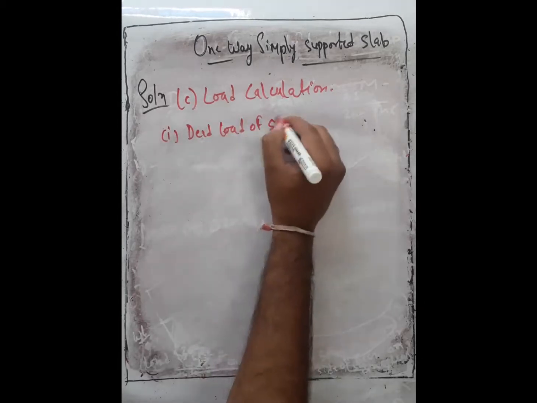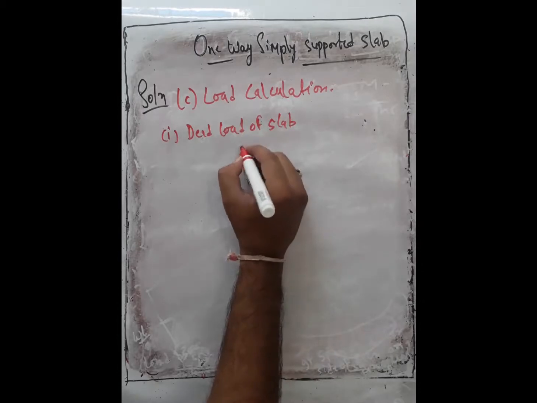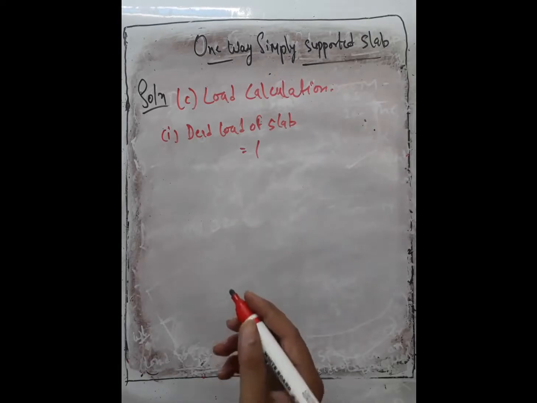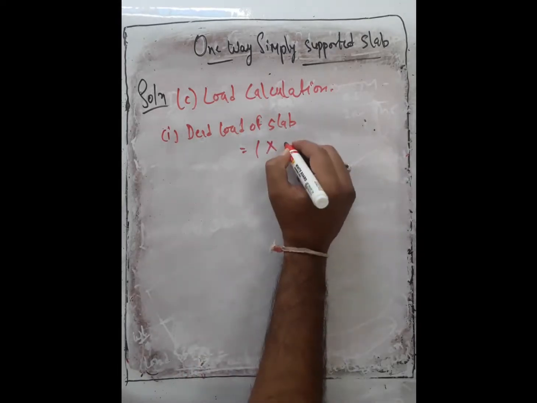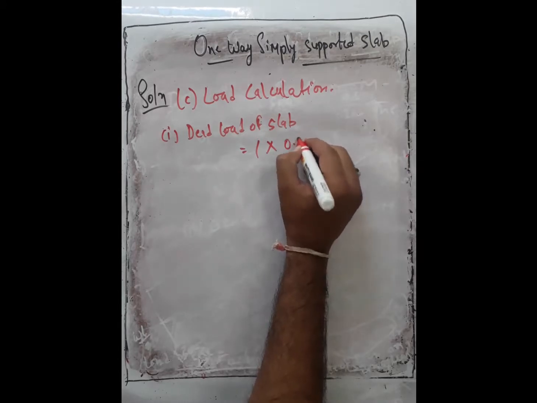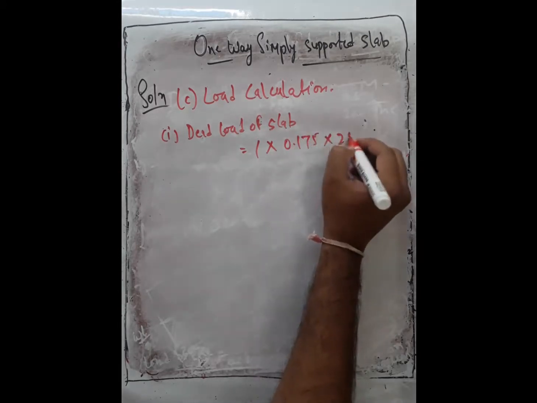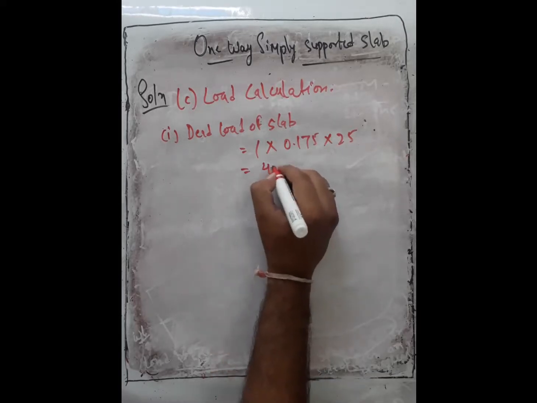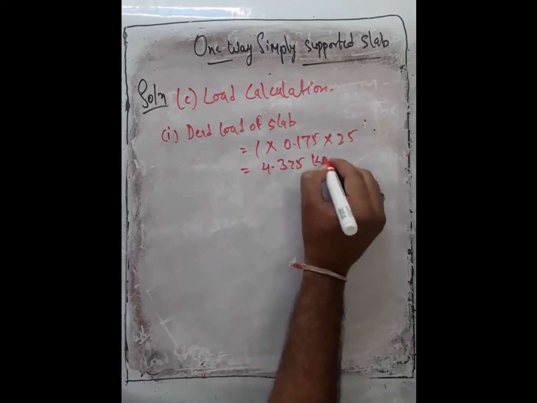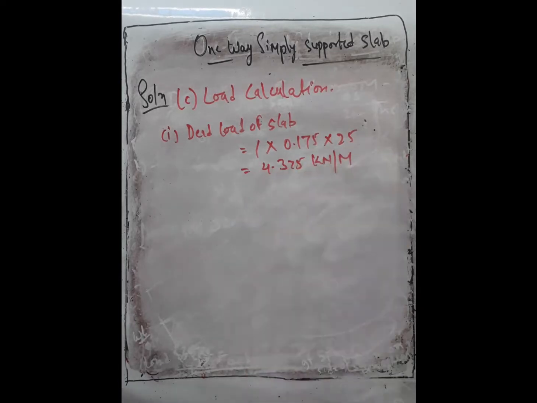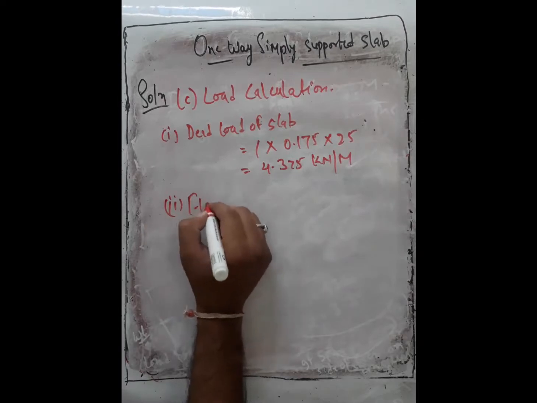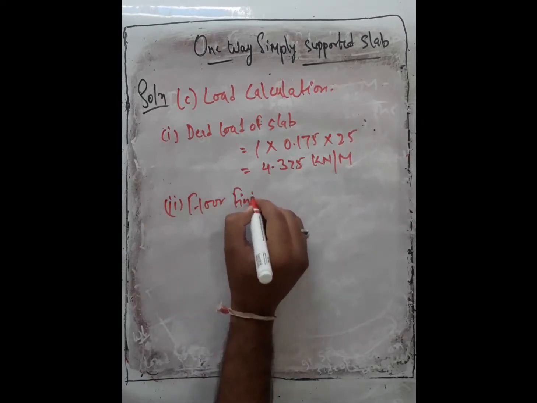Dead load of slab is 1, because we are taking 1 meter width, and capital D is 175 mm, so we take 0.175 into 25, the density of concrete. After multiplication you get 4.375 kilonewton per meter. Now when we provide the slab, there is a floor finish also, so we find it for the floor finish.